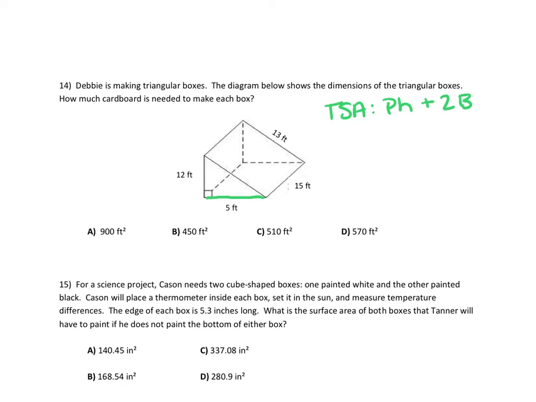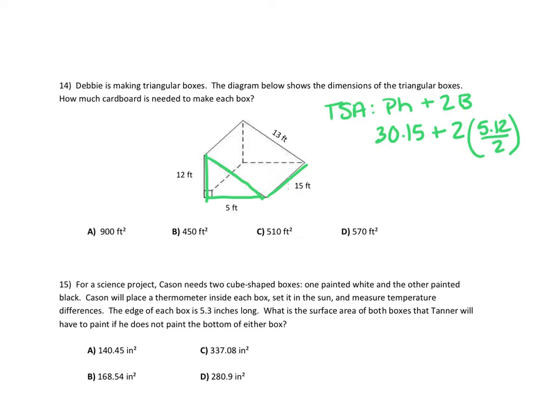So they say 5 plus 12 is 17, plus 13 is 30. I'm sorry. 30 times the height, this other number, 15. Plus 2. Now, we're going to talk about what I told you here in just a minute. We're going to just set it up like a normal triangle, so we're going to say 5 times 12. Okay?